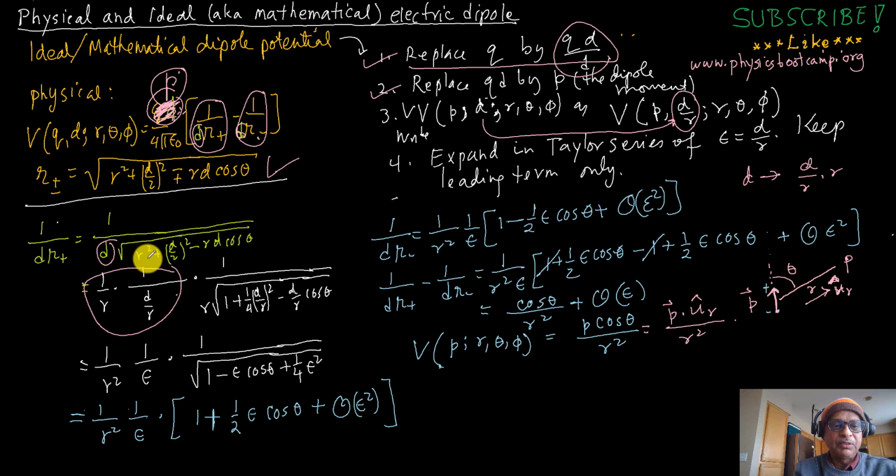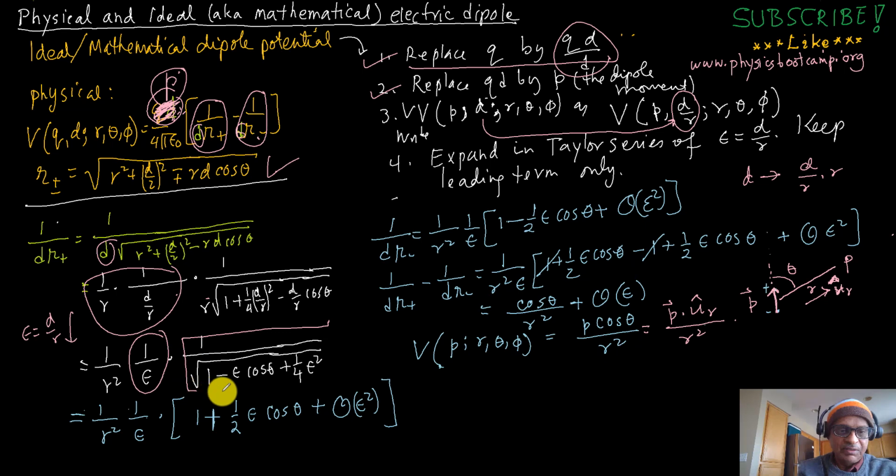And then when you pull r squared out of this square root, this r comes out, and the natural d over r appears everywhere. So we can write epsilon equals d over r now, and then we get this term. It's all equality. Now I can't do anything with this term without a Taylor expansion, so we will do a Taylor expansion like this.